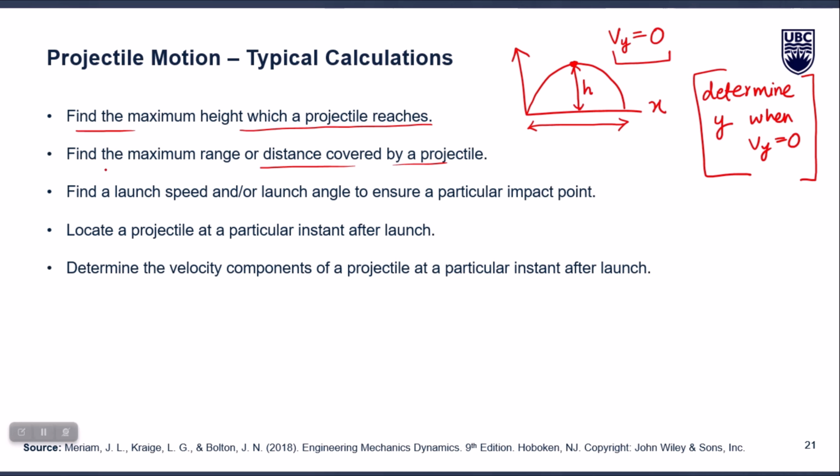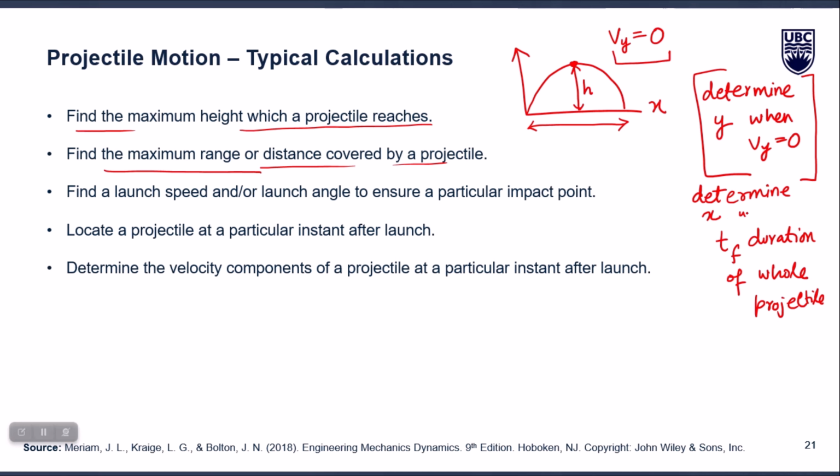Similarly, when I say determine the maximum range, I am actually asking to determine the value of small x throughout the projectile, right? So if, for example, the projectile takes t sub f duration for the whole projectile, then I am actually asking to determine x when t is equal to t sub f, right?